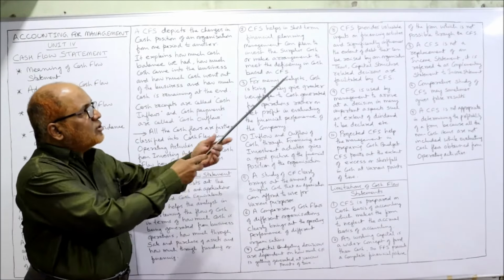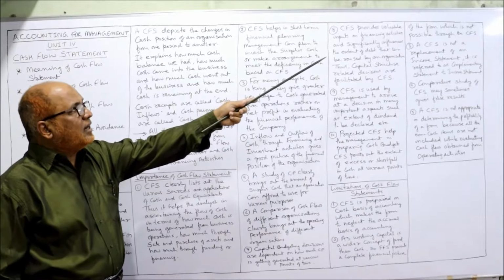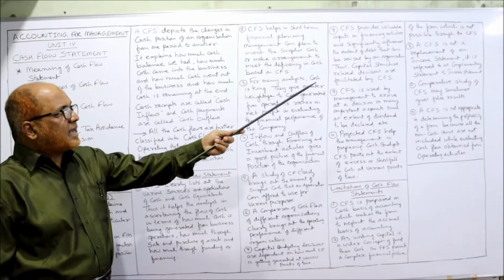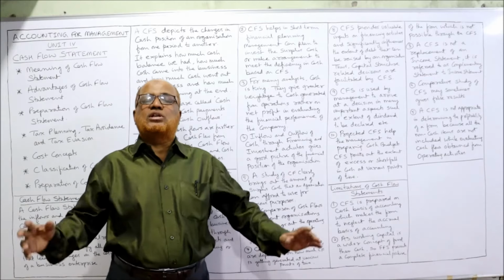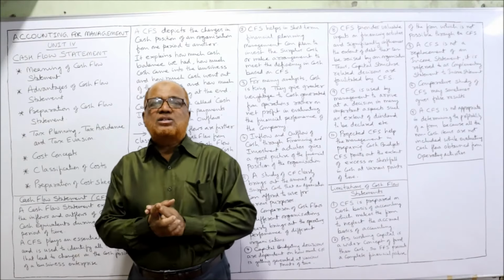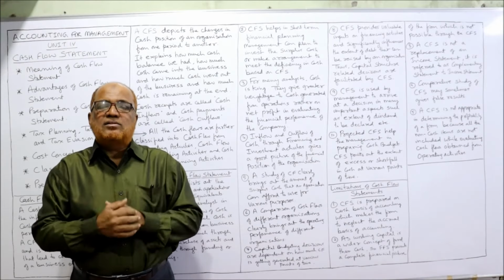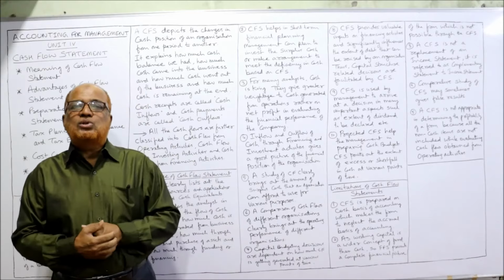Next one is cash flow statement provides valuable inputs on financing activity and significantly influences the extent of debt that can be raised by an organization. Thus, capital structure related decisions are facilitated by cash flow statement. Financing decision means the decision to raise the funds. Nowadays, a business can raise the funds through different sources.